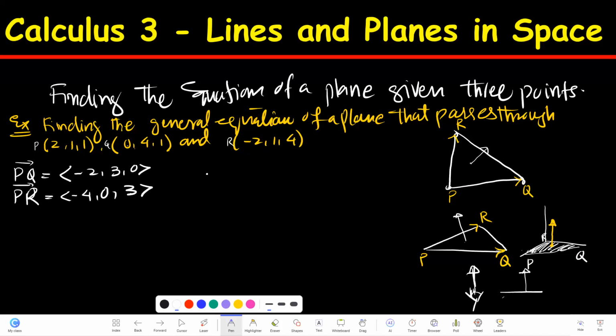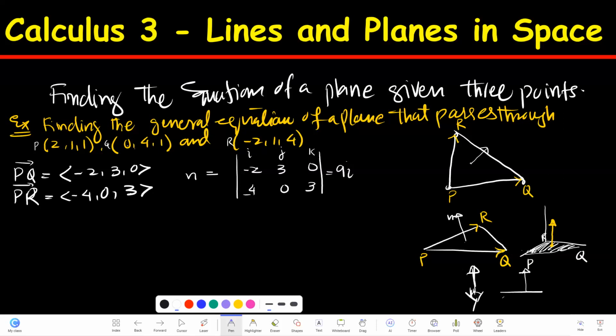Already, we got these two things. In order to find the normal to PQ and PR, all I can do is find N equal to the cross product: I, J, K, and minus 2, 3, 0, and minus 4, 0, 3. If I want to solve it, it's going to be 9i. 3 minus 3 times 3 is 9i.